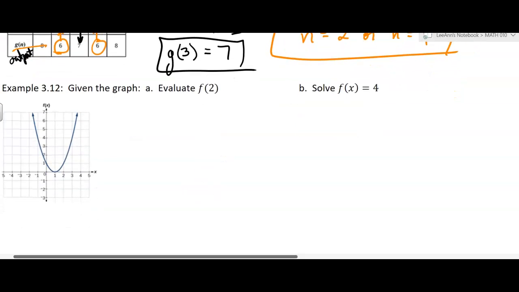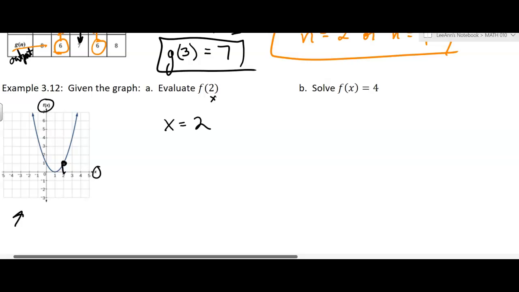Now they don't give us a table, but they actually give us a graph. And so we're going to read the graph similarly. This will be our x along the x-axis. So we know that. There's the x-axis. And then the y-axis is f of x. So in this case, for a, we're saying x equals 2. So we're going to go over to 2, and then we're going to read where it hits the graph.